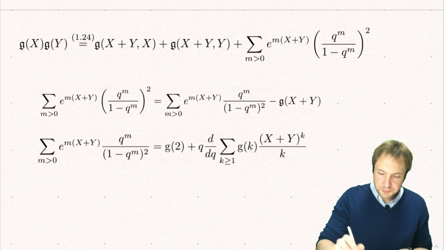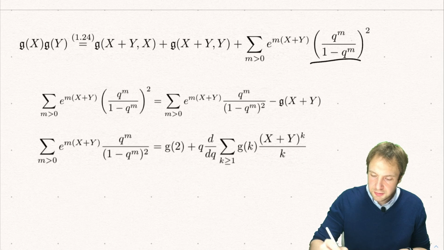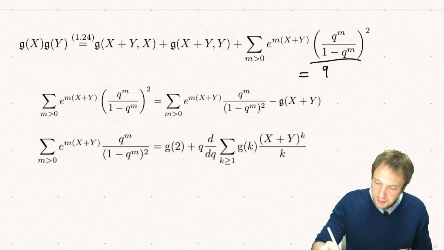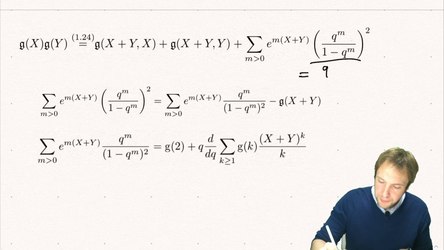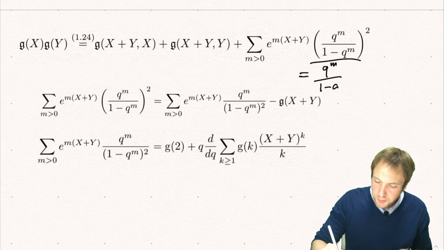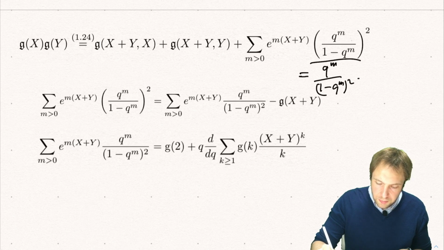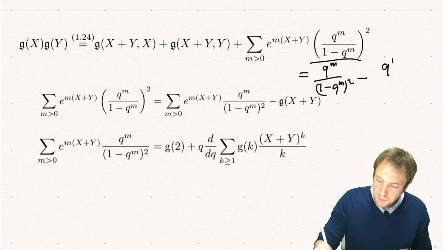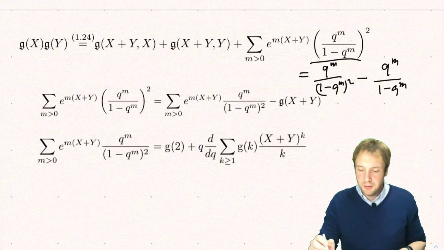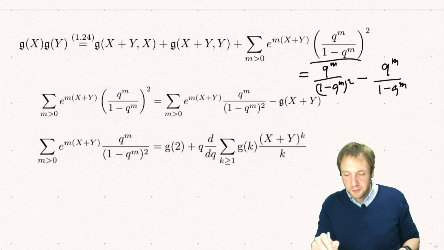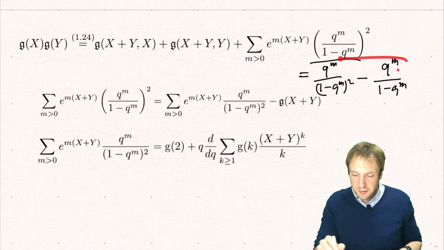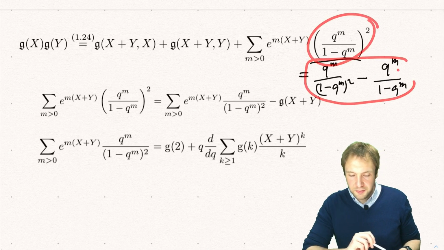So first, this part here, you can check that this is just q to the m divided by 1 minus q to the m squared minus q to the m over 1 minus q to the m. Because if you multiply this by 1 minus q to the m, then you will get this.